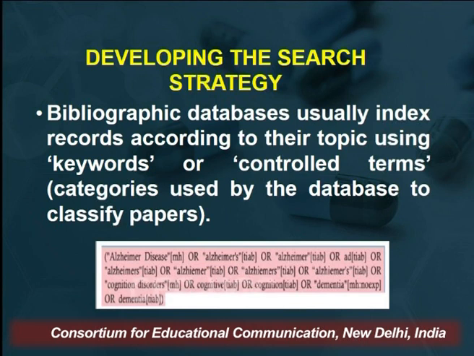So there are words that you can see in capital letters. For example, OR. OR is a Boolean term. So we have 3 different Boolean terms: OR, AND, NOT. These Boolean terms help you to combine the different terms all together. So we need different synonyms, and either this one or that one would be present in that particular study. So we are using the term OR.